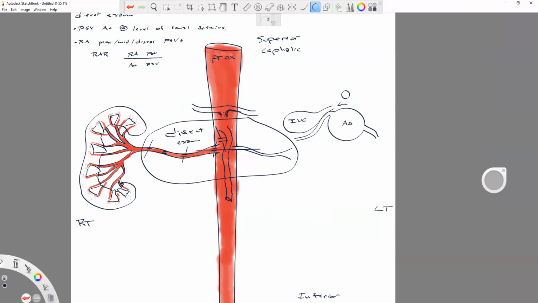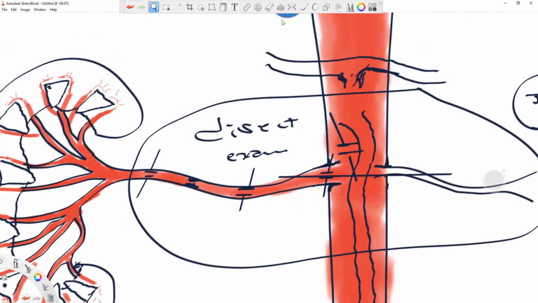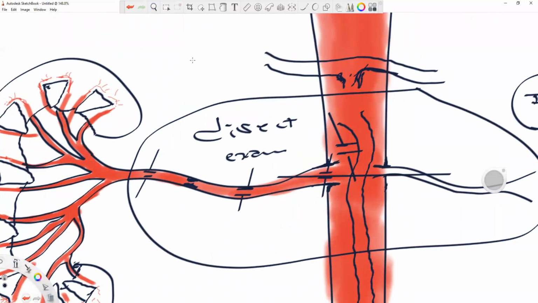The direct exam goes from the aorta to the distal... Actually, let's go ahead and write that down too. When it comes to arteries going out like this, proximal is always closer to the heart.